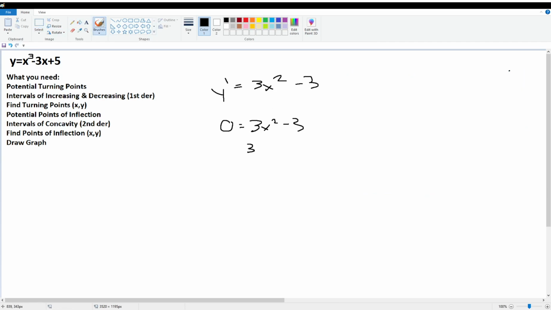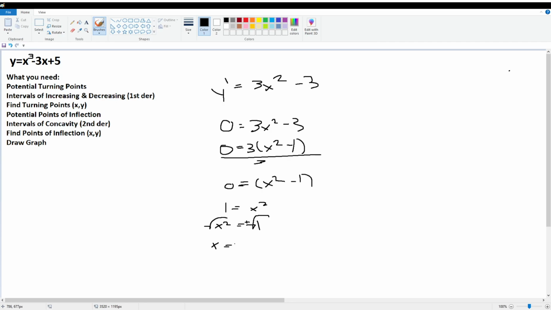So we're just going to solve this using basic algebra. And you can divide by 3 just to clear that out. And then 1 equals x squared, or you can write that as x squared equals 1. And then when you square root both sides, make sure you don't forget the plus or minus.